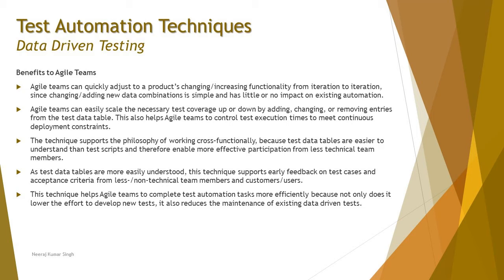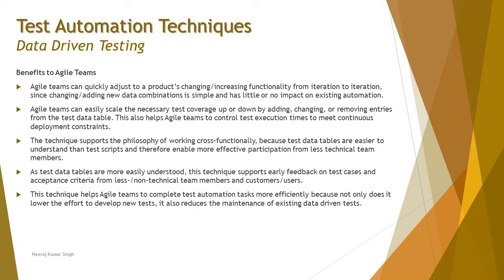So you do understand that the concept of data-driven testing will help you reduce a lot of effort. An Agile team can easily scale the necessary test coverage up or down by adding, changing, or removing entries from the test data table. This also helps the Agile team to control test execution times to meet continuous deployment constraints. So yes, it is always customizable.